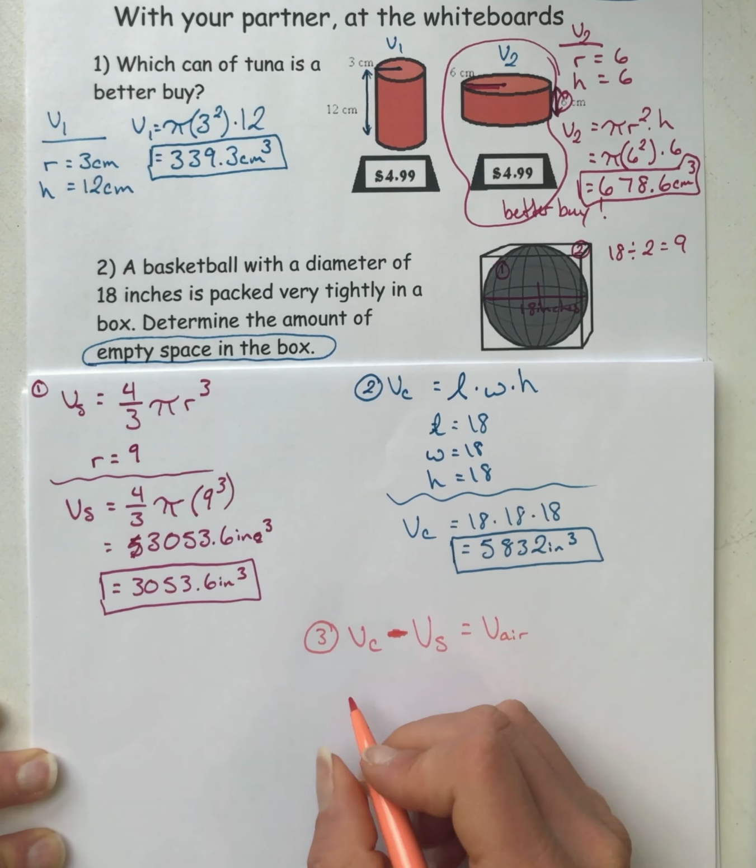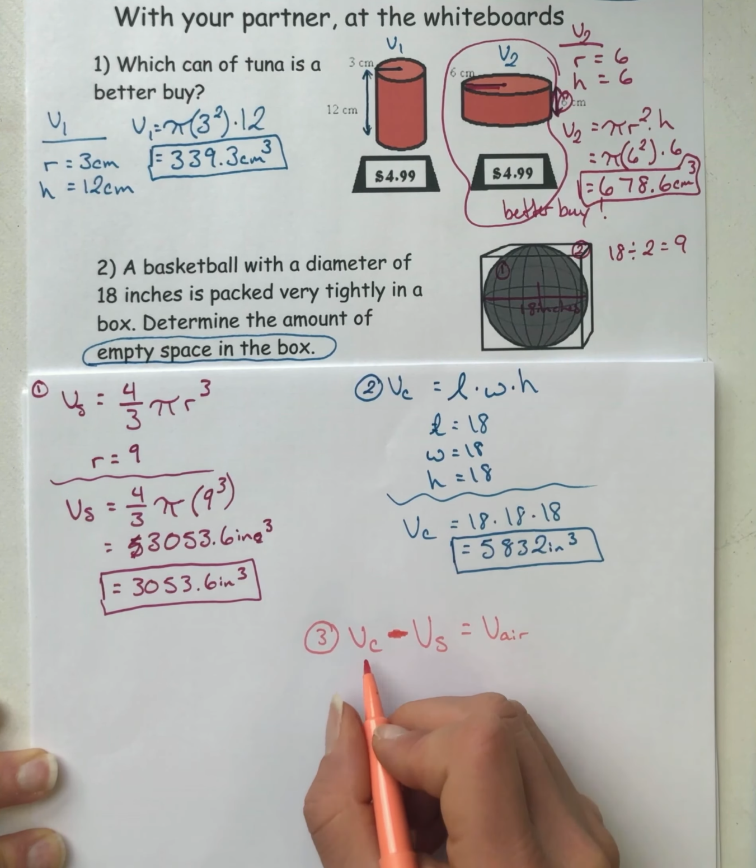So then I'm just going to take that and plug it in. The volume of my cube is 5,832 inches cubed minus 3,053.6 inches cubed is going to give me the volume of my air. And then if I do that in the calculator, the volume of air is equal to 2,778.4 inches cubed.